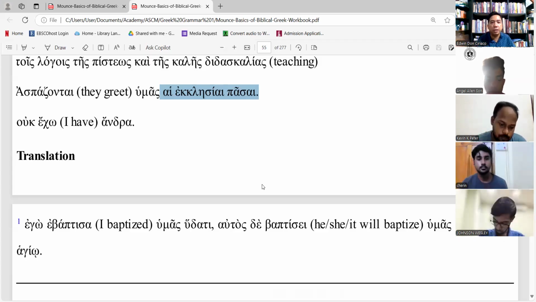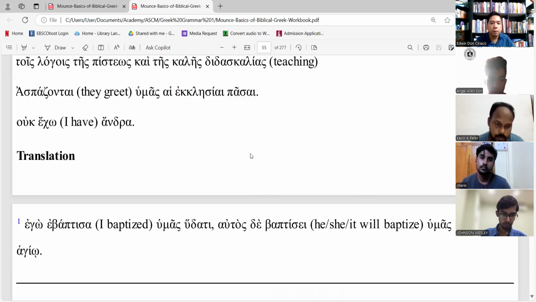All the churches greet you, okay? It just happened that aspazontai is the first word in the sentence.